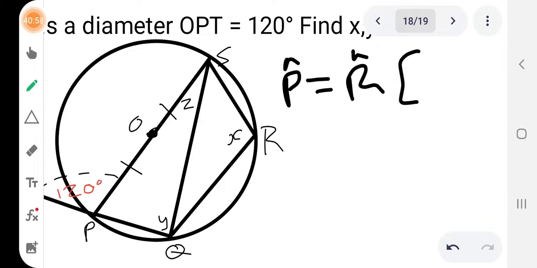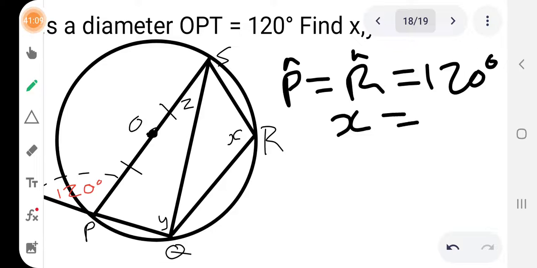Therefore we know that our P is 120 degrees. So our R is equal to x, therefore x is equal to 120 degrees.